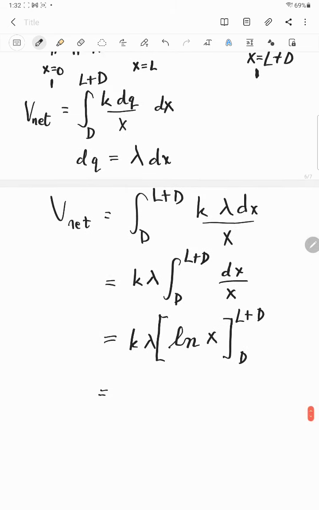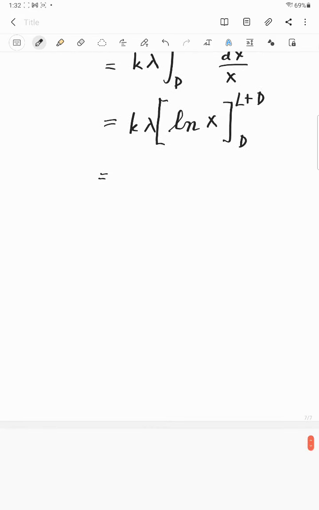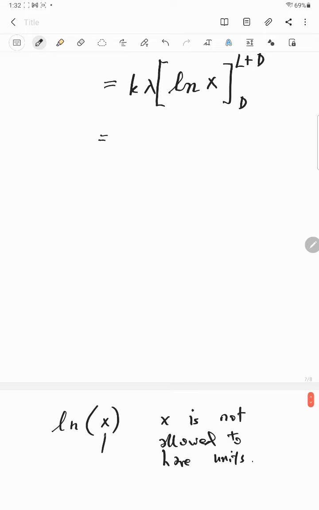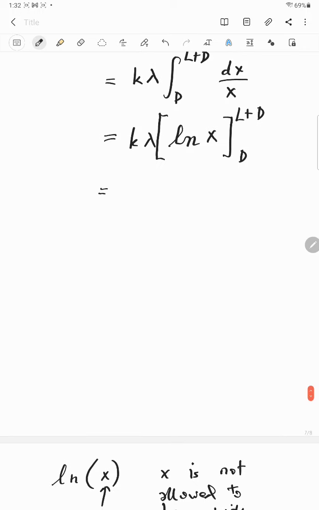If you just write this down, this is actually kind of strange. As an aside, if you have a function natural log of x, x is actually not allowed to have units. The argument of the natural log is not supposed to have units. We're going to pull a fast one, though, when we do this integral.